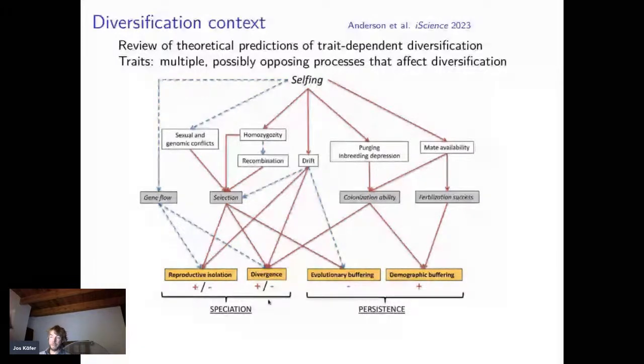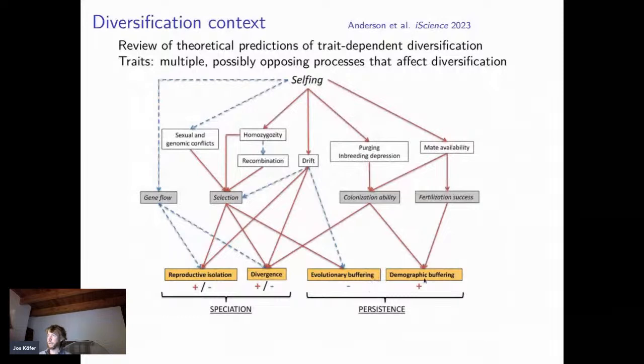So there is not a clear effect of selfing on speciation. For persistence, neither. Selfing species often have larger fertilization success because they don't depend on others. They colonize more easily, but evolutionarily they adapt less well. So the effect on persistence isn't clear either.